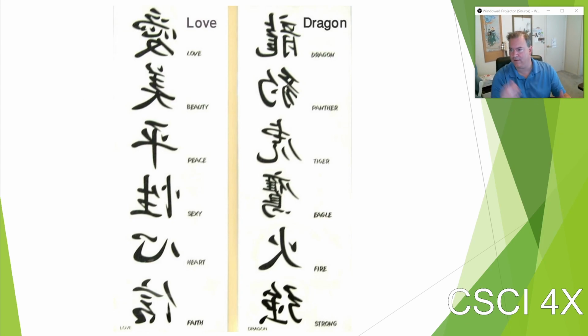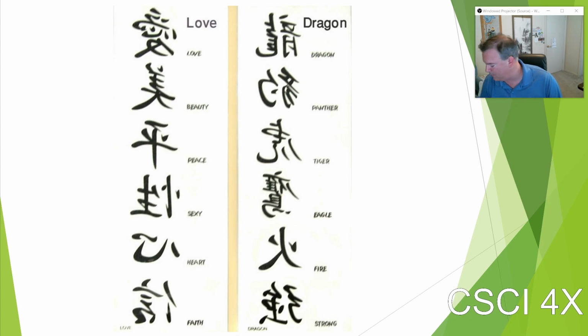So one of the interesting things when you study Chinese symbolism is, I have to go to my Chinese bookshelf. I've got a bunch of books on Chinese characters and things like that. Almost.